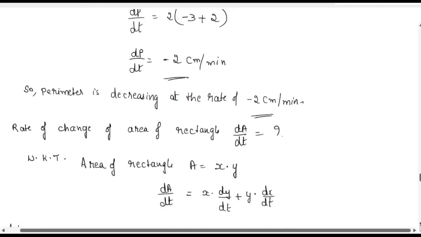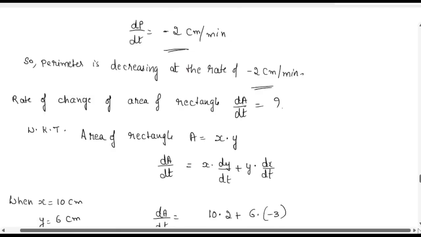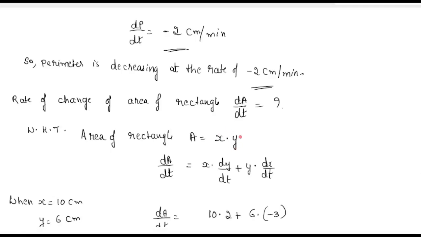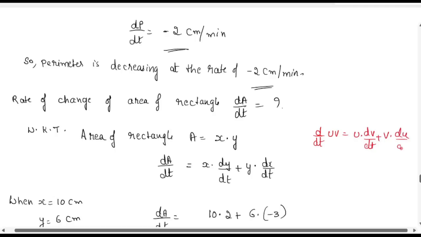Now we need to find the area of the rectangle. What is the formula of area of rectangle? Area of rectangle A equal to x into y. So for this we need to use the UV rule. So on differentiation, we get dA by dt equal to, UV rule is d by dt of u into v equal to u into dv by dt plus v into du by dt.